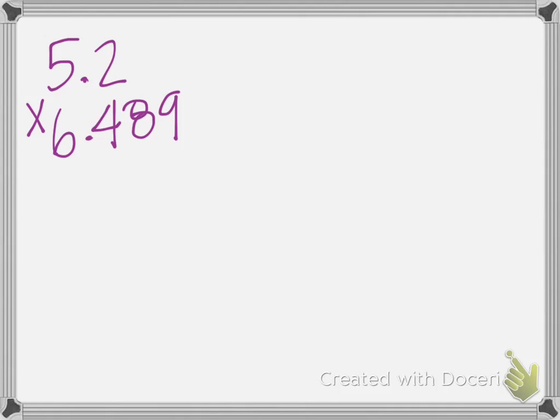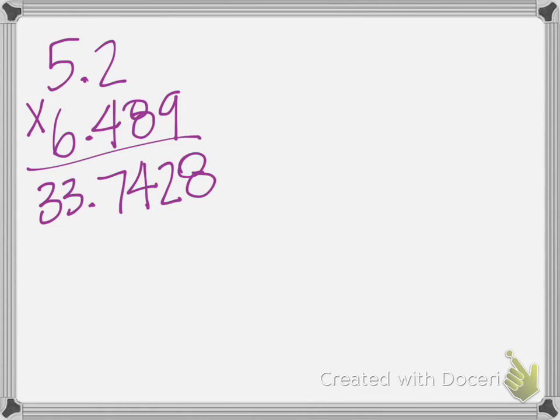In the example, they give you 5.2 times 6.489. When you plug that into your calculator, you get all kinds of numbers after that decimal point. 33.7428 should be the answer that you get.